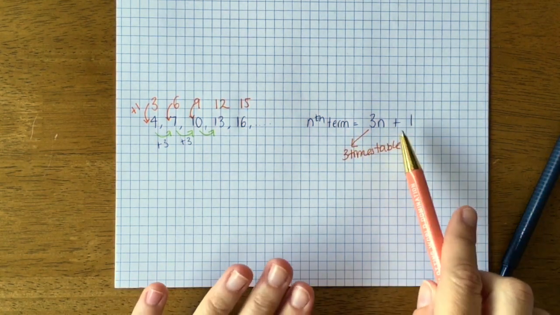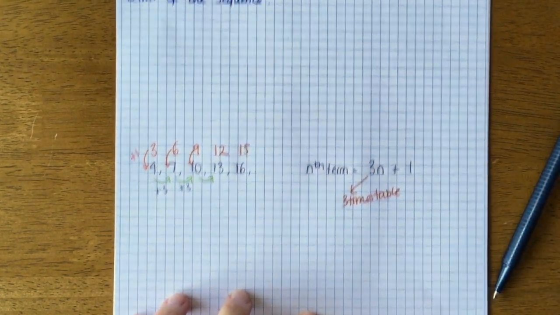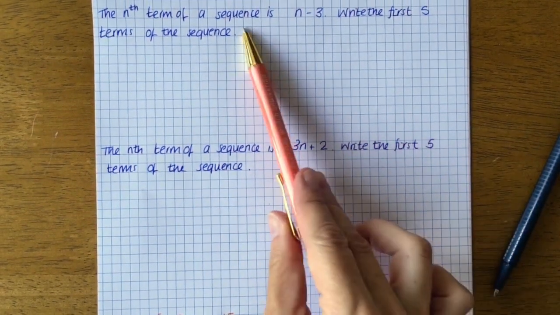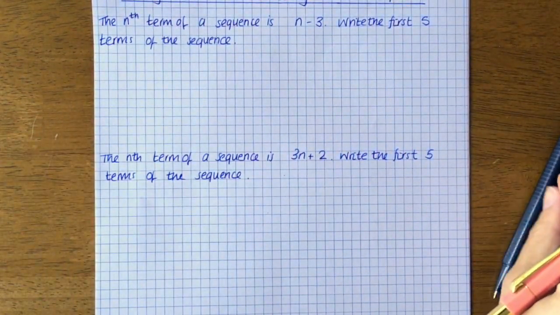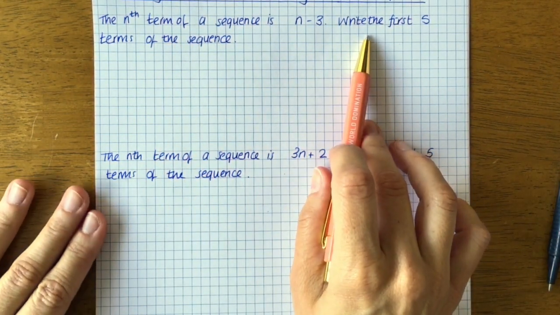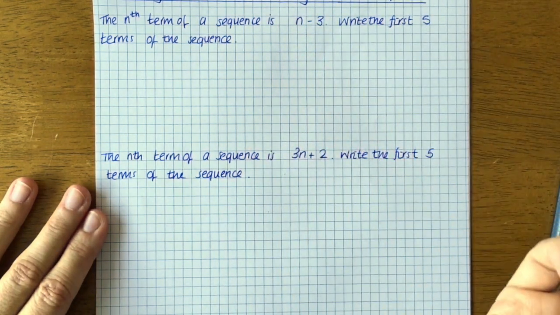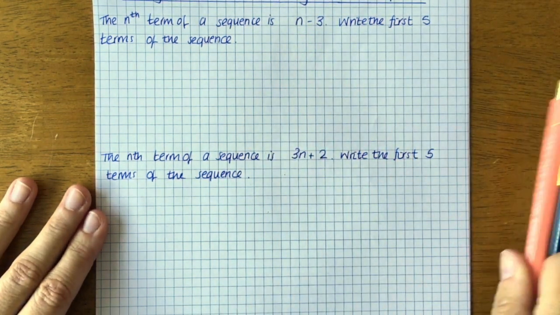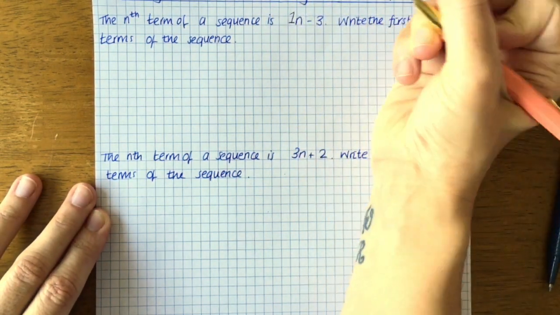Okay, now we're going to use that, remembering that, and we're going to have a look at how to do it for finding the first 5 terms of the sequence. So we're going to go the opposite way, I suppose. So if we needed to know the first 5 terms, first of all, I've got the nth term is n minus 3. Now we need to remember that that means it's 1n minus 3.